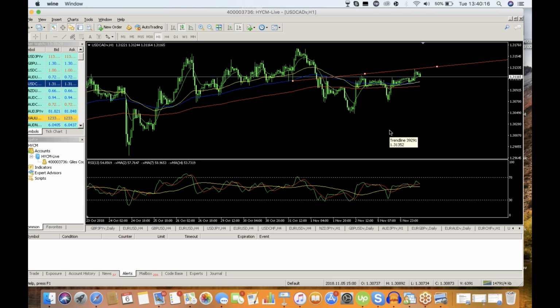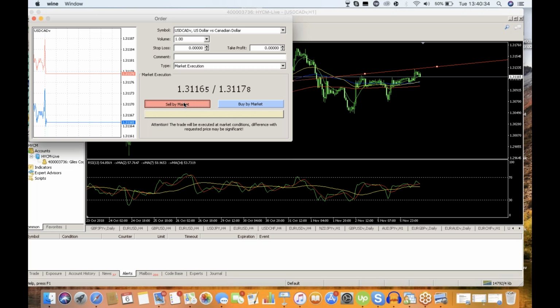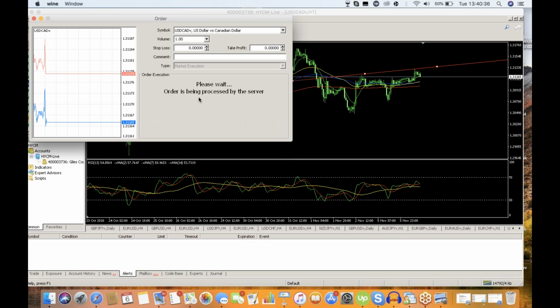So now you can start to see, if you wanted to develop a trade here, say you're watching the markets and you think the price of oil is going to continue to recover, then what you want to do is put a stop just above this trend line there. So you could enter here, you could sell by market.